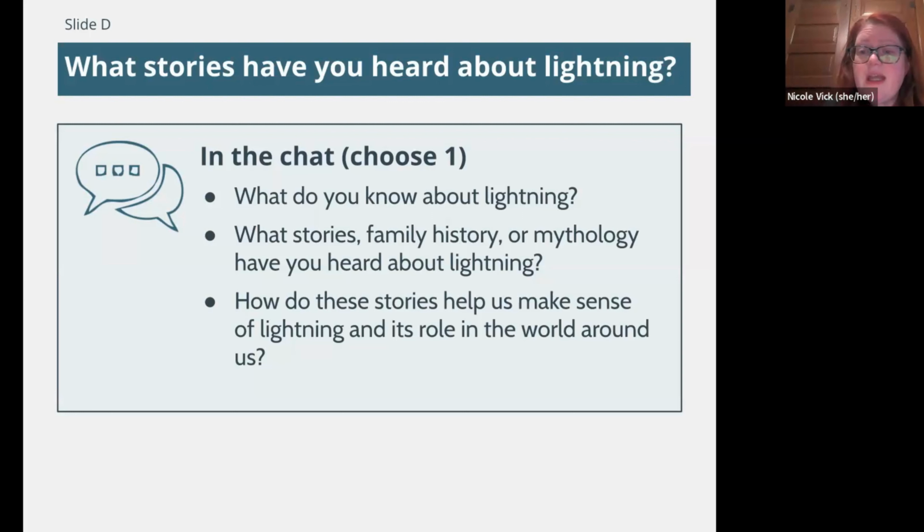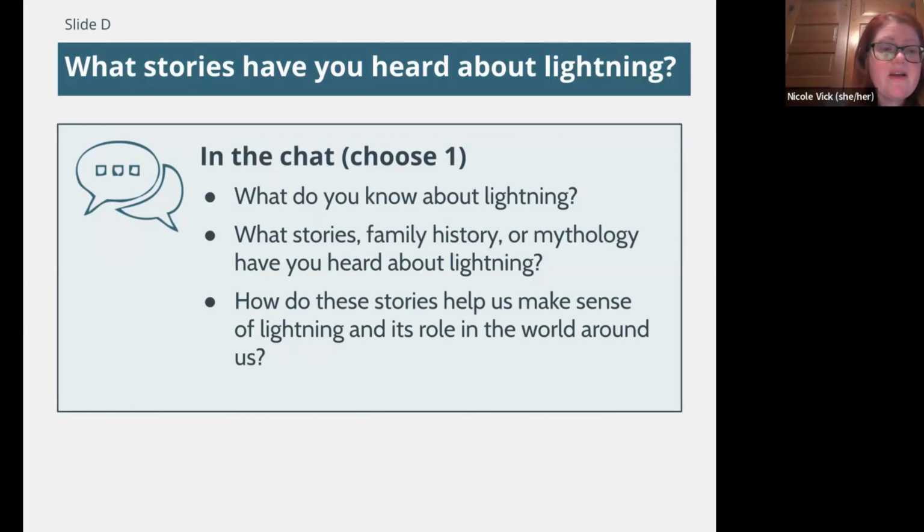A lot of people are talking about electricity and changes in electricity. Grandpa saying it's good for plants because it adds nitrogen to the soil. Places where it's safe and unsafe, like being in a car. It'll never strike the same place twice. So we have a lot of different ideas about lightning.